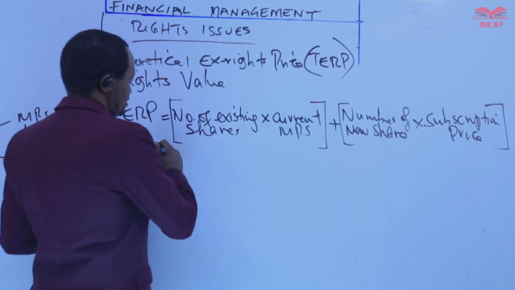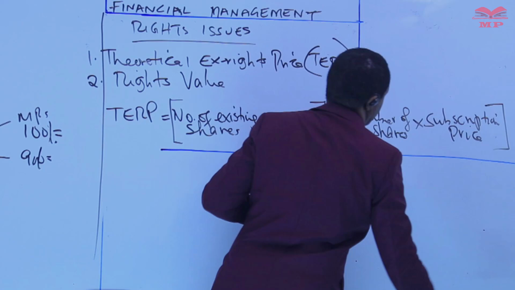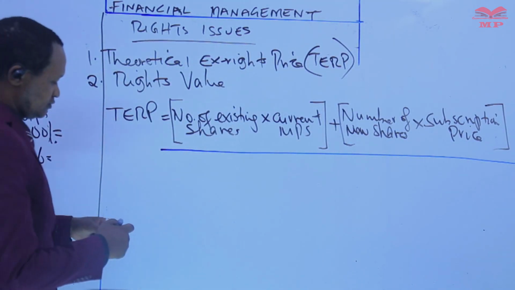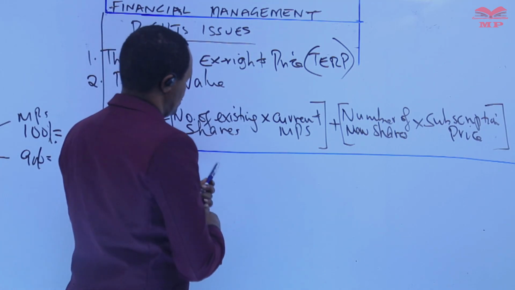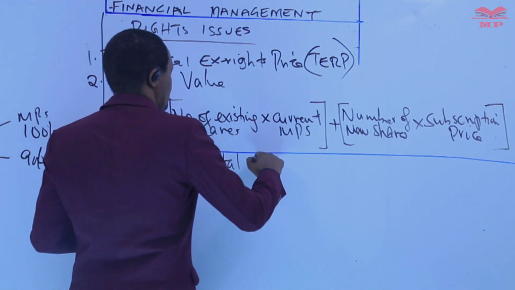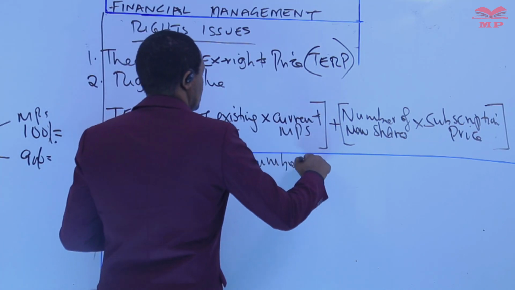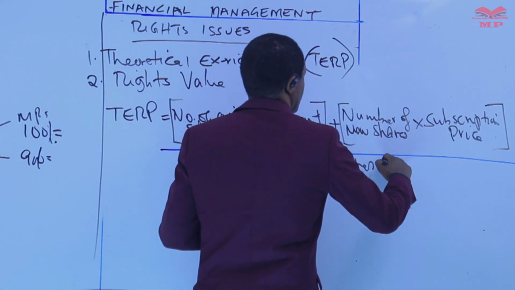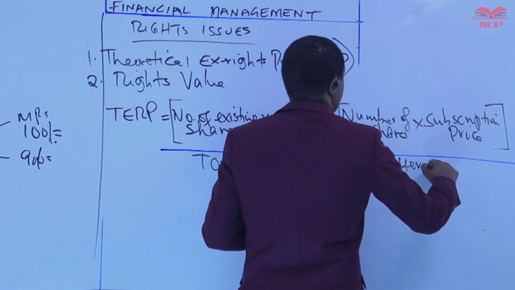Then we divide all these. You can guess what we are dividing with: the total number of shares after issue.